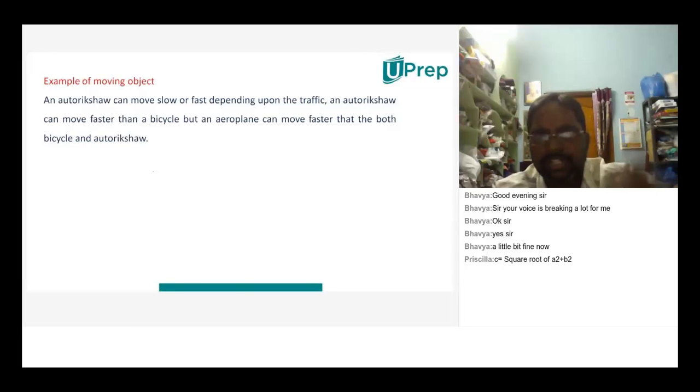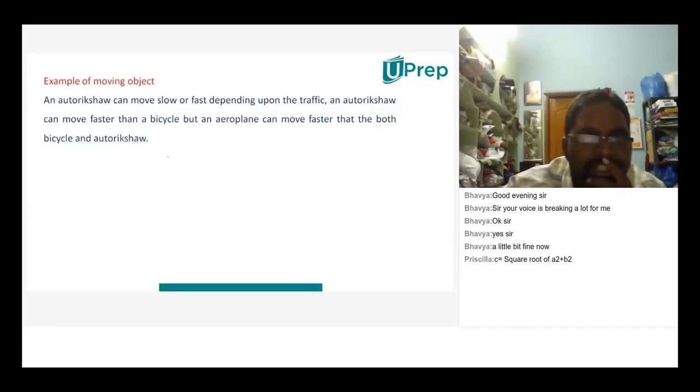To understand which one will move faster and which one slower, you have to compare. Auto rickshaw will move slowly when you compare with what?